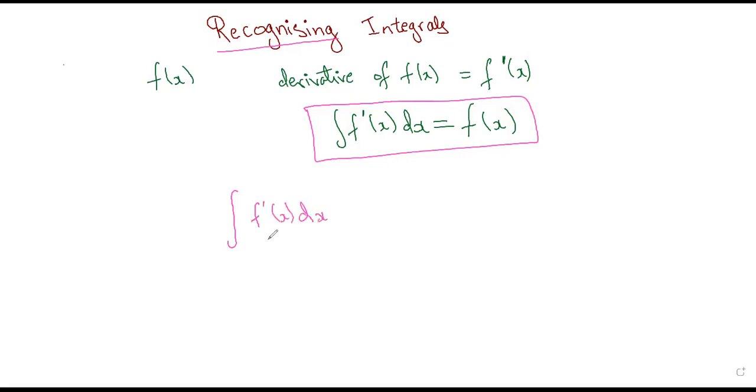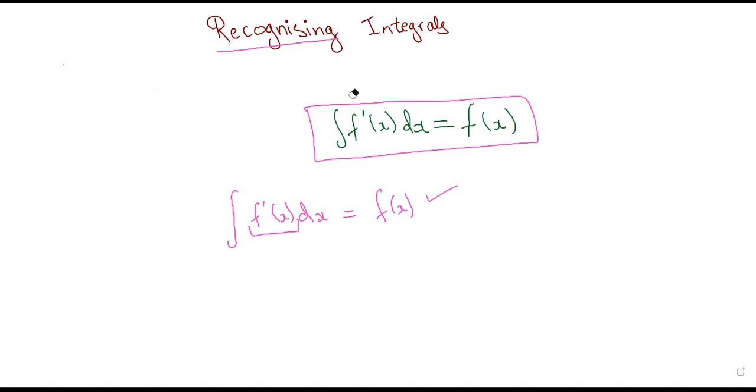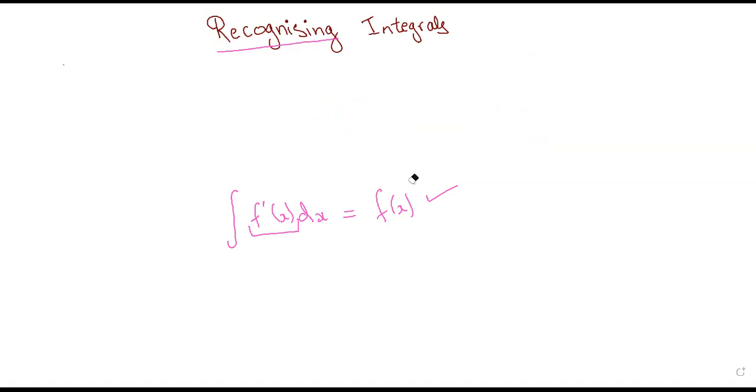Now you need to see which function's derivative is this, because that function is basically the answer of this integral. This is the only thing you need to do in this topic, right? Yes. Okay, very good. So I will erase all this and we'll consider some examples.